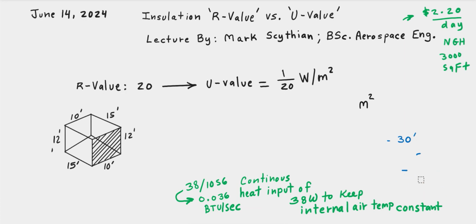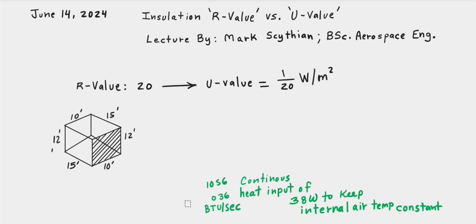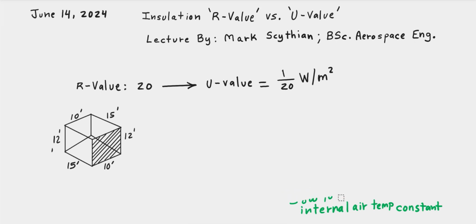So a well-insulated interior, such as an R20 insulation, will require 0.05 or 1/20 watts per square meter of insulation area continuous in the form of heat in order to keep a constant air temperature or volume of air temperature.